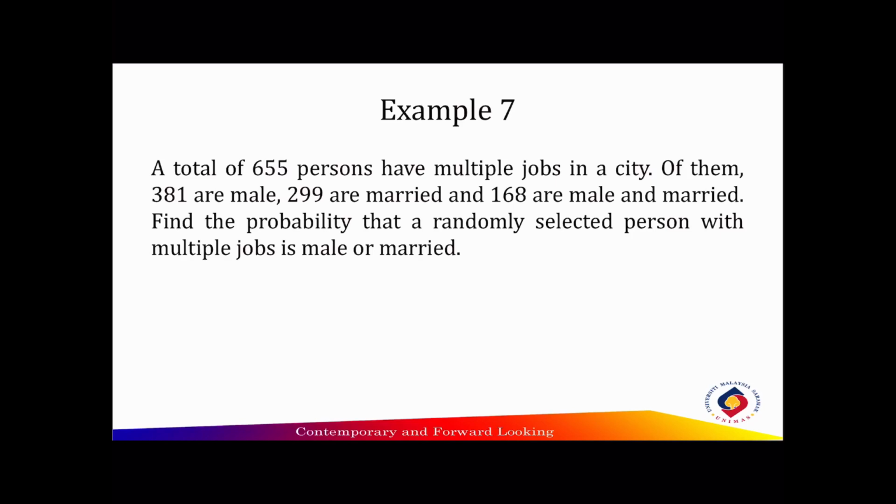A total of 655 persons have multiple jobs in a city. Of them, 381 are male, 299 are married, and 168 are male and married. So find the probability that a randomly selected person with multiple jobs is male or married. So before we proceed with the number of outcomes and the probability, let's use X to represent the event of a male being selected.